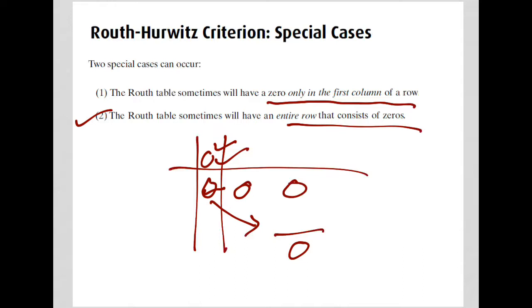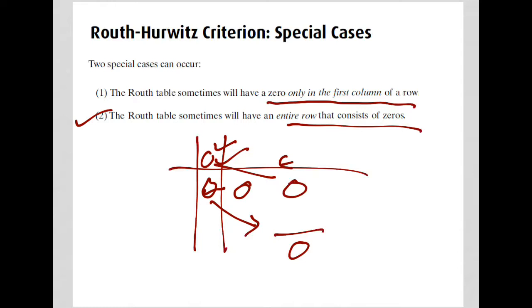To avoid this divide by 0, an epsilon is inserted, that is, assigned to replace the 0 in the first column.